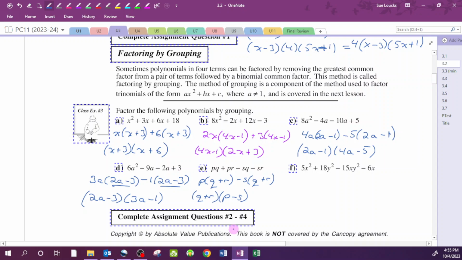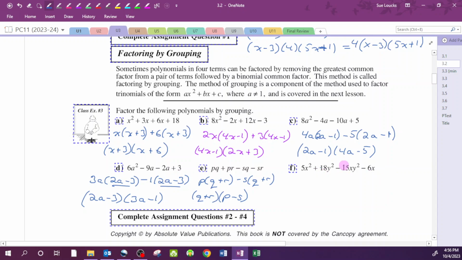Now this one is a little bit more complicated because if I look at these two, there's no common factors there at all. And here, the only common factor I have is x. But I do notice that these both have y squareds. These both have x's. And 18 is 3 times 6, and 15 is 3 times 5.